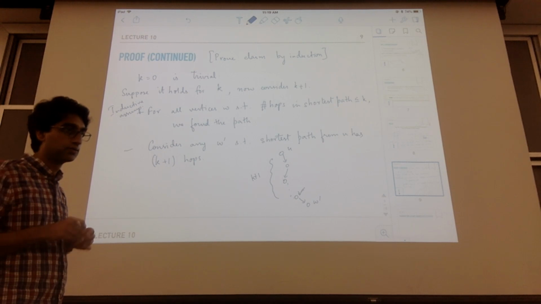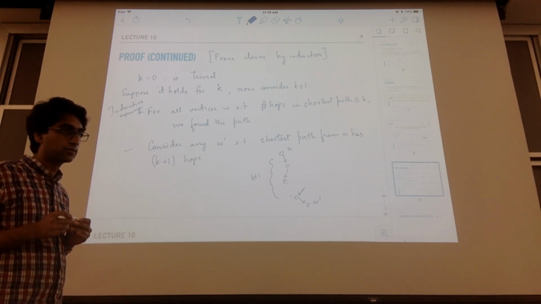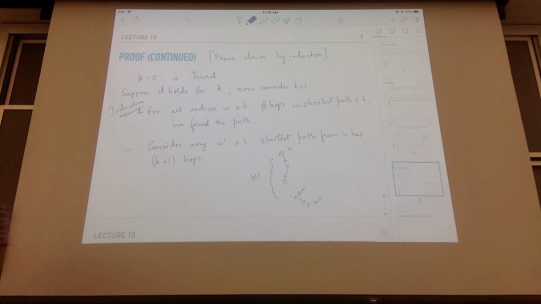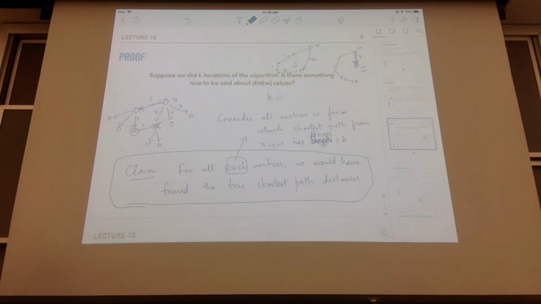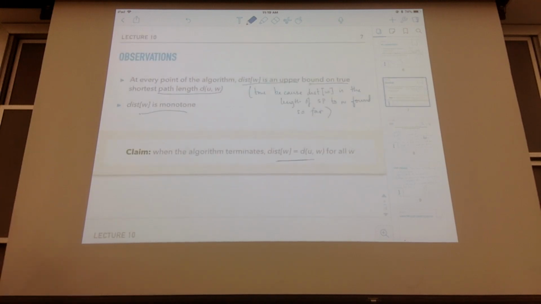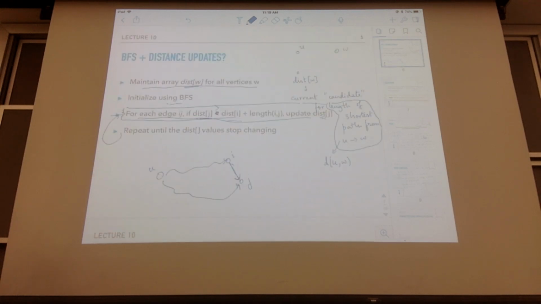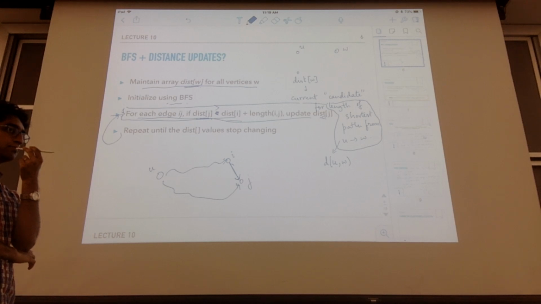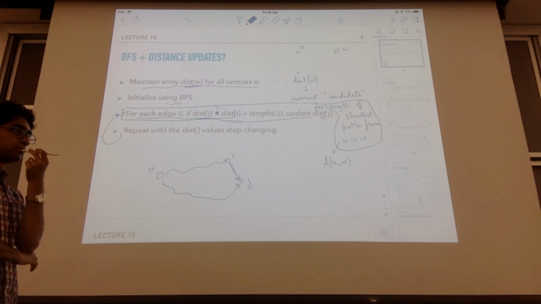Can I make clear something? Can you jump back to the slide? So the distance j is greater than distance i plus length ij. That means the distance i here is the distance i of the last loop, or the distance i of the current loop?